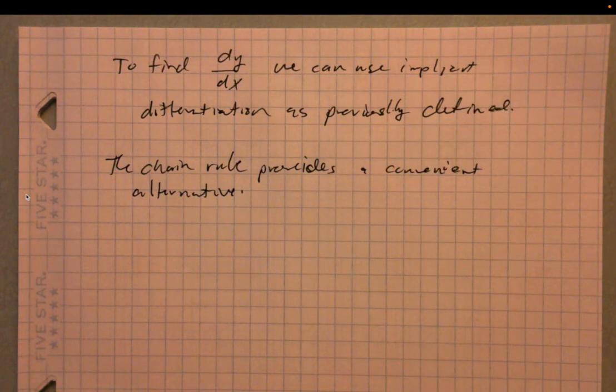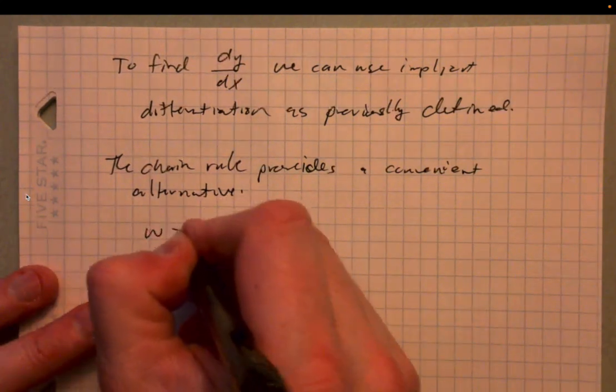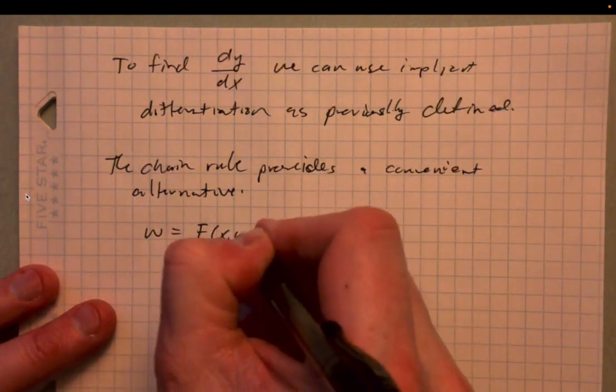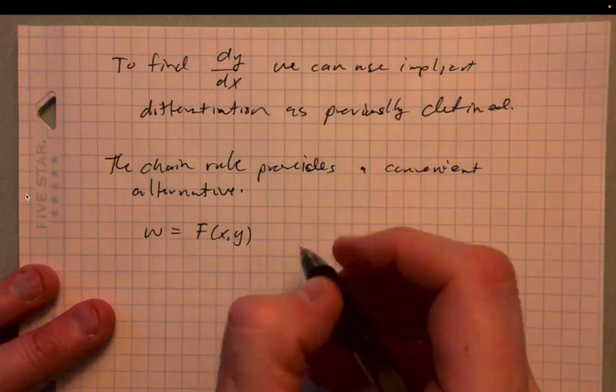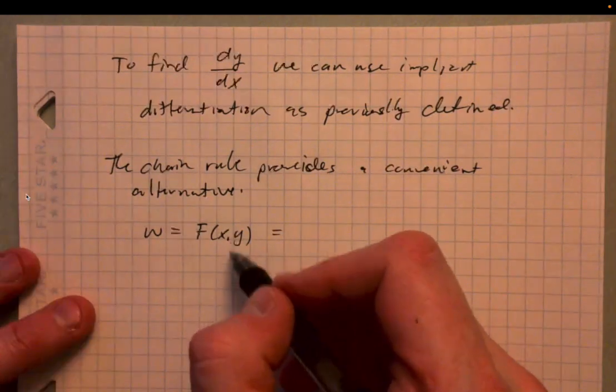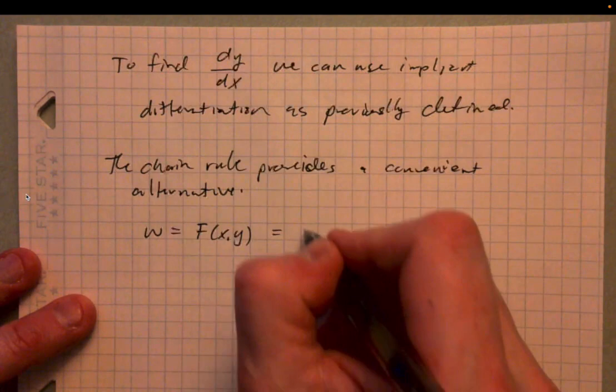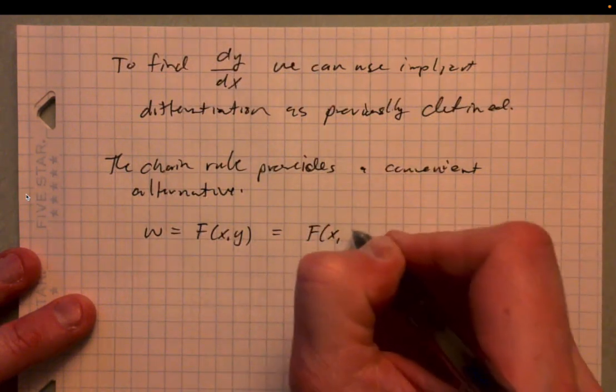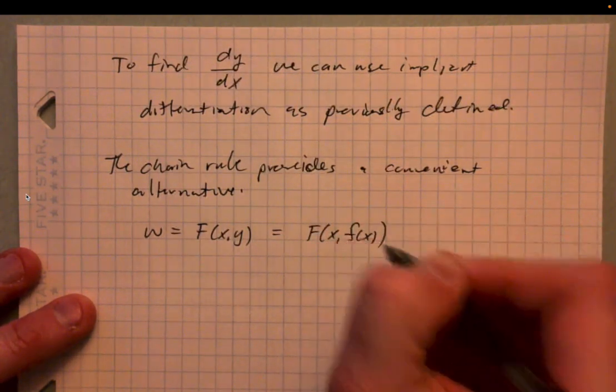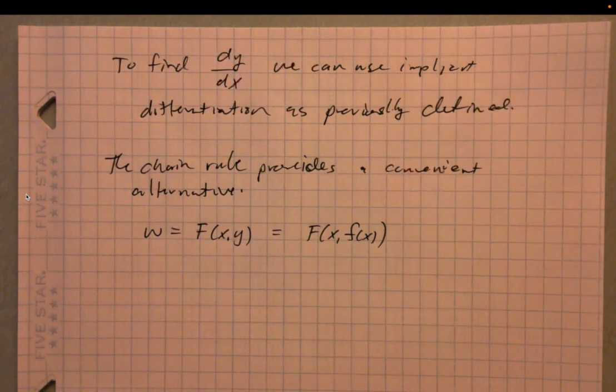Okay, so let's consider that w equals F(x, y). And another way to write this, since y is a function of x, is to say this is F(x, f(x)), where little f(x) is y. And we can just apply the previous theorem to this, pretty straightforward.